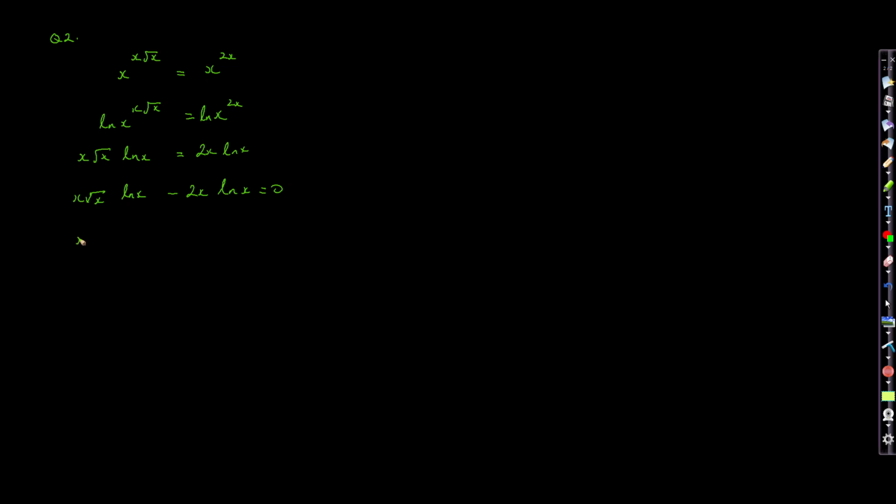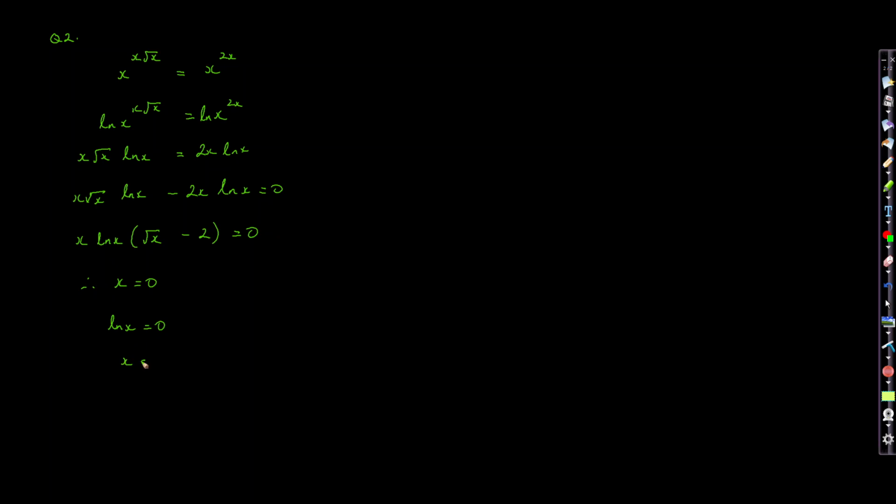We get x and natural log x as common factors, then root x minus 2 equaling 0. That would mean x equal to 0 would be one solution. Natural log x equaling 0 would be another solution.